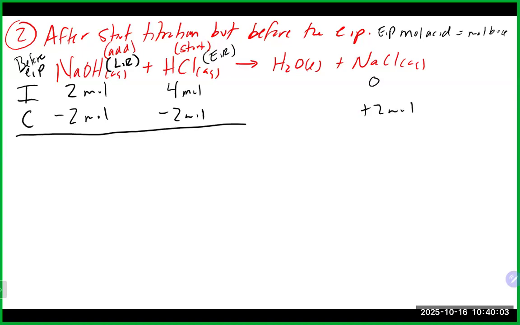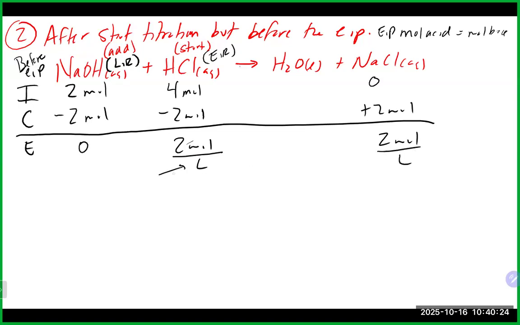That means when I reach equilibrium here, I'm going to get 0, and I'm going to end up with 2 moles here and 2 moles at this point. Like I mentioned before, we do want to convert back to molarity at this point. So we're going to divide these by the liters.